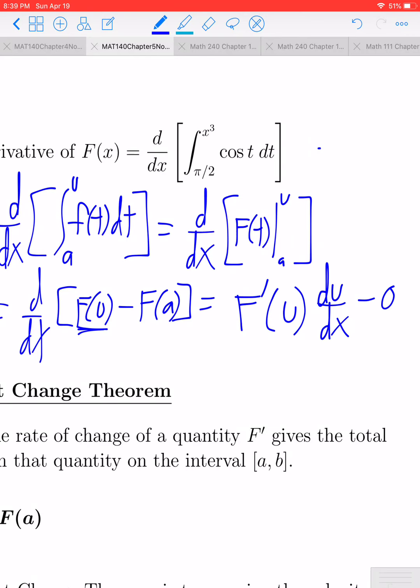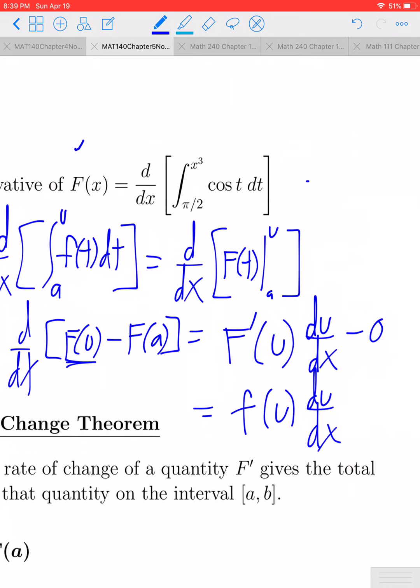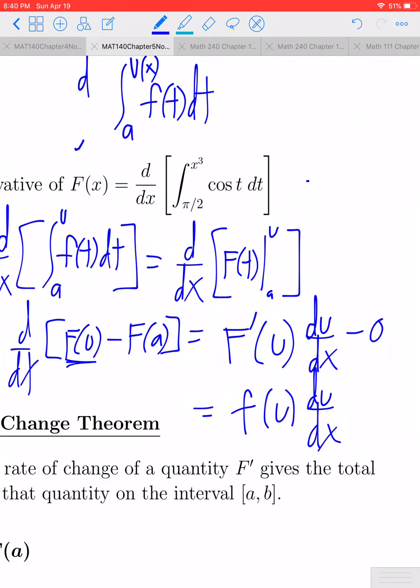So what is the takeaway from this? If you want to call this a generalization, and of course little f here, I should say, F prime of big F is just little f. So what do we have here? If you had the definite integral from, let's say, a to u of x of f of t dt, and we're taking the derivative with respect to x, how do you evaluate this?